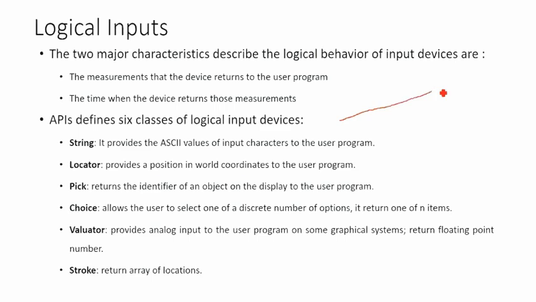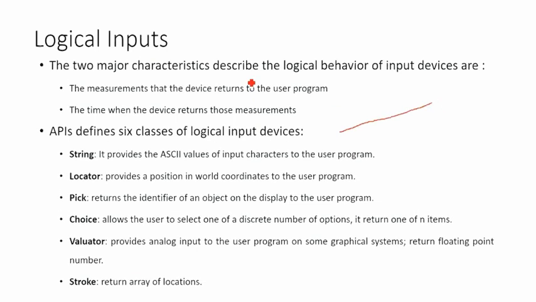This activity of clicking and holding and dragging and leaving the mouse button returned a series of screen positions to this software, MS Office, and that software used these locations to color it using red color. So this is one simple example of stroke input.